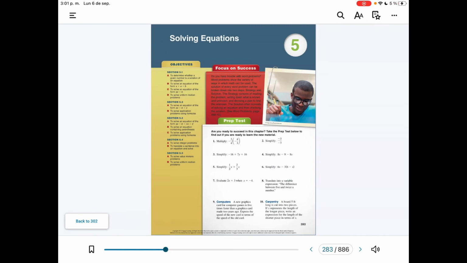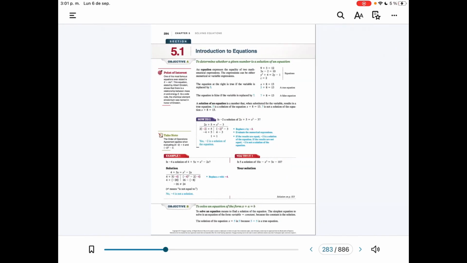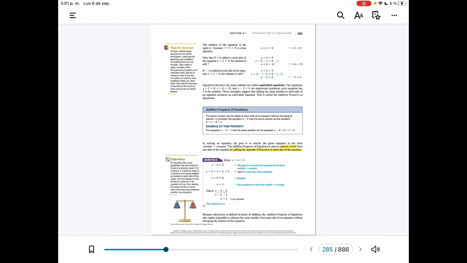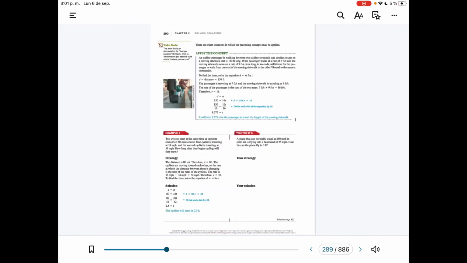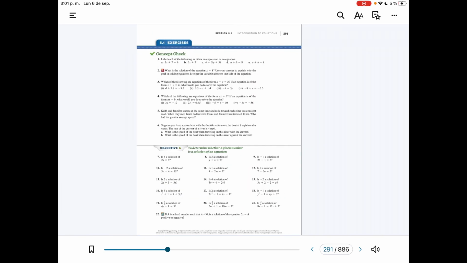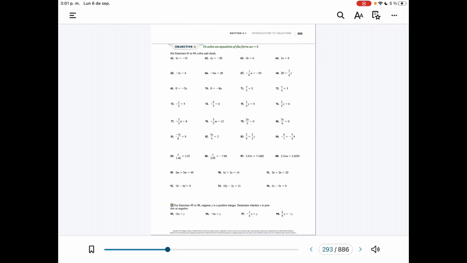So I forgot to mention, you can check page 284 that basically covers a bit of what I talked about today in a more detailed way. There are some exercises that you can use to practice. These exercises are overall pretty simple. I would really recommend going over page 293.